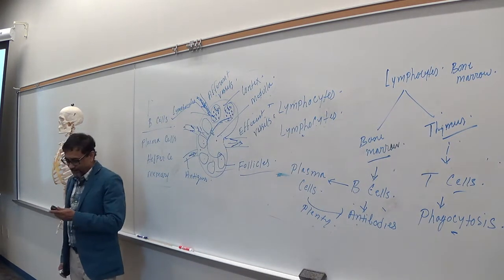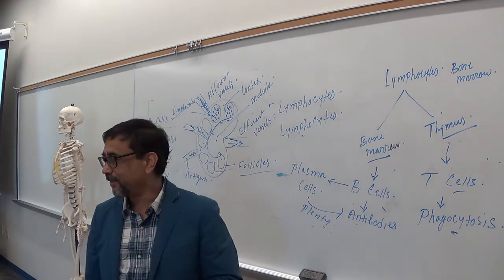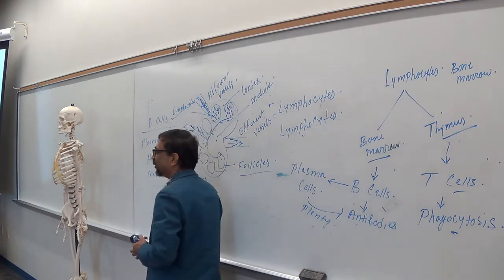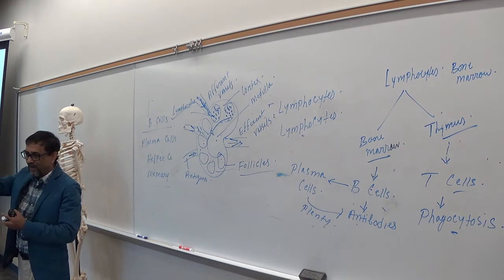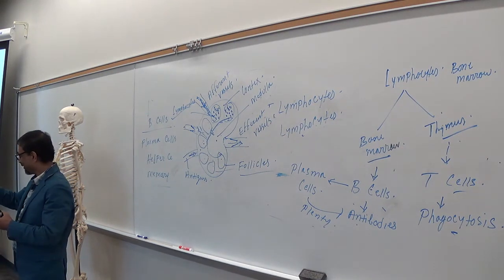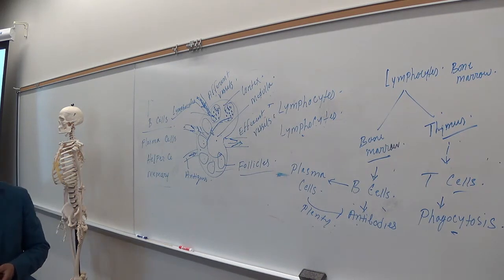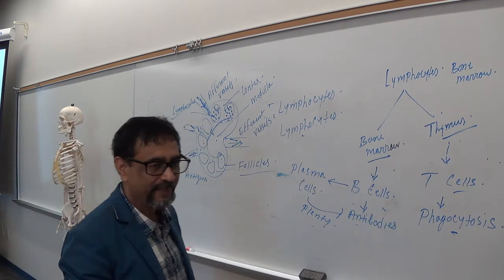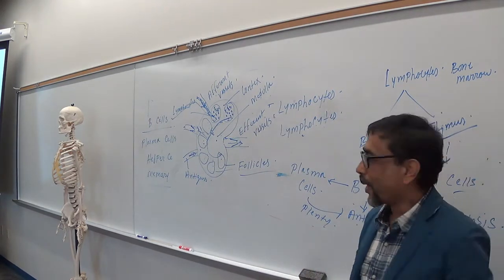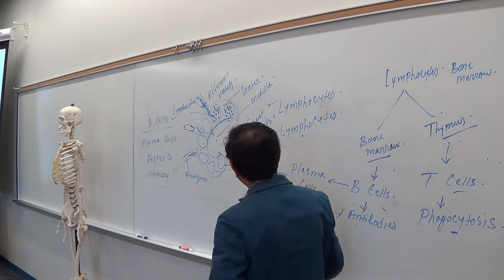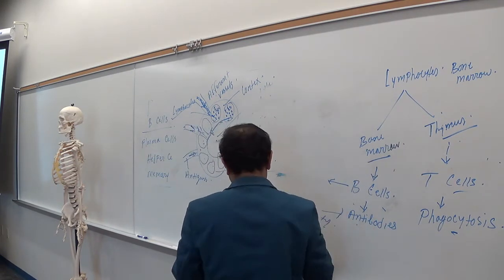In the spleen, you have two distinct areas. If you cut the spleen and see inside, without a microscope you can see white and red areas. So white areas are called white pulps, and red areas are red pulps. Now, why is one area white and another area red?